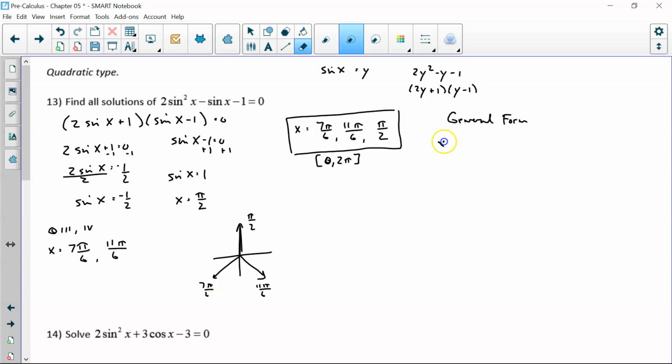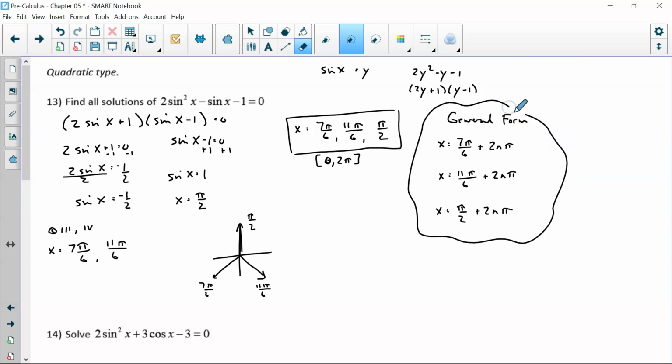So it would be x equals 7 pi over 6 plus 2n pi. X equals 11 pi over 6 plus 2n pi. And x equals pi over 2 plus 2n pi. That's all of our solutions. No nicer way to write that one.